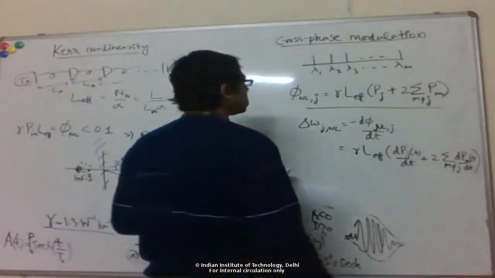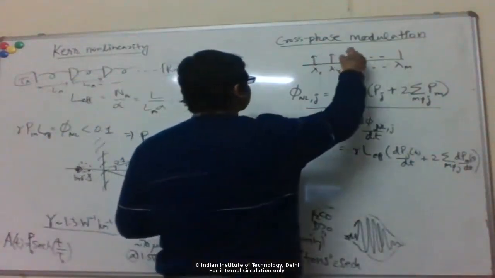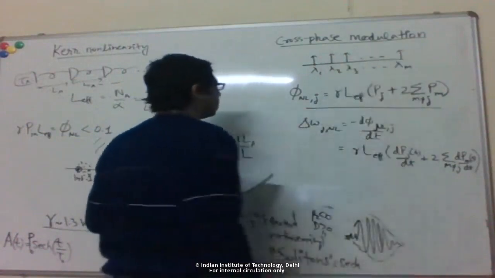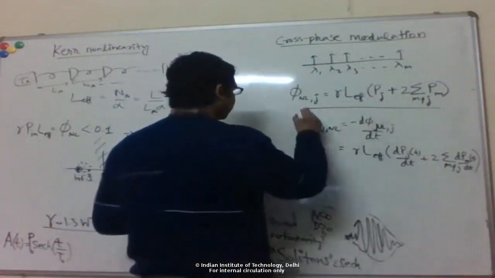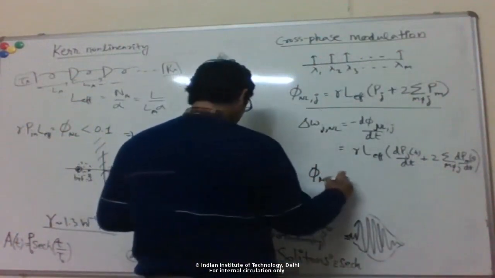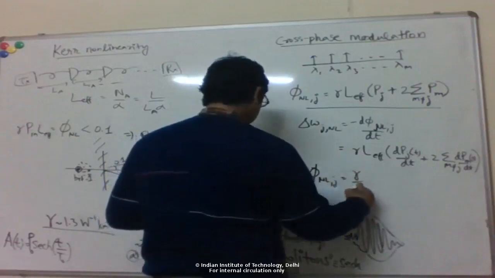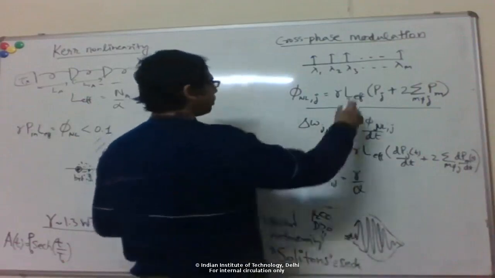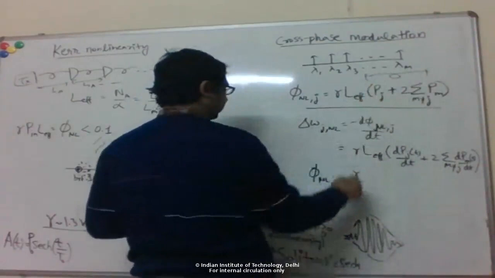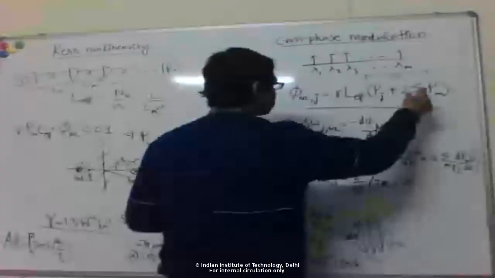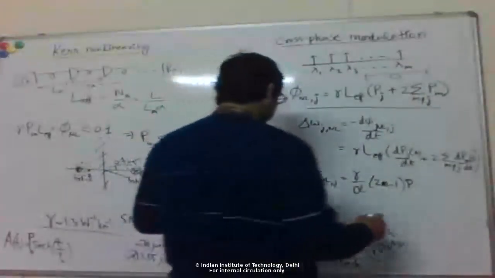Okay, so if you take the typical case where all channels have equal powers at the input, and then this nonlinear phase shift here, if I just talk about a single link without any amplifiers in between, basically all these powers are equal. So if we do this summation, we'll get this.